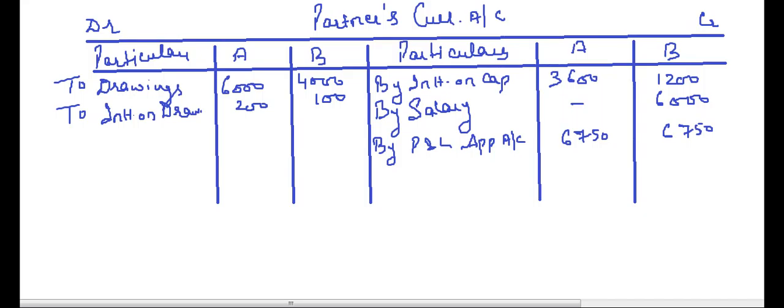Anything else we have? No. So we'll say this credit side is more than the debit side, so we have the balance on this side. We'll say to balance carry down. So for A we have a balance of 4150 and for B we have a balance of 9850.